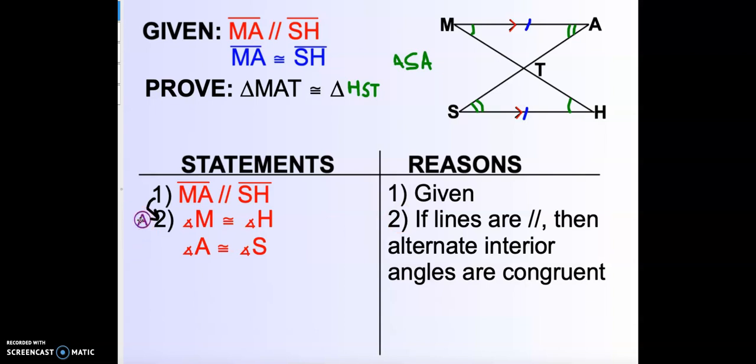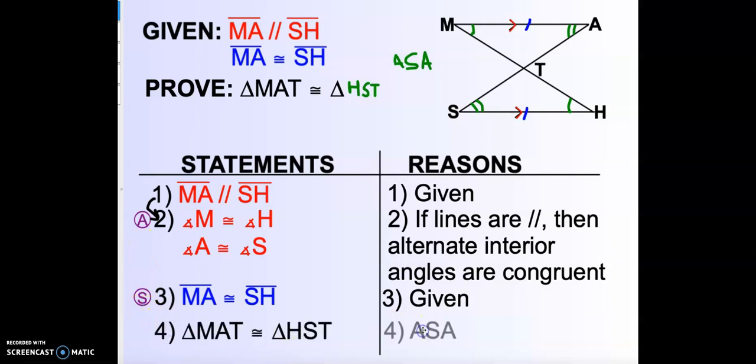And that gives me two angles. Now, our third step, I'm going to bring in the next given, and that gives me a side. So I have two angles and a side. That's enough to say these triangles are congruent by ASA.